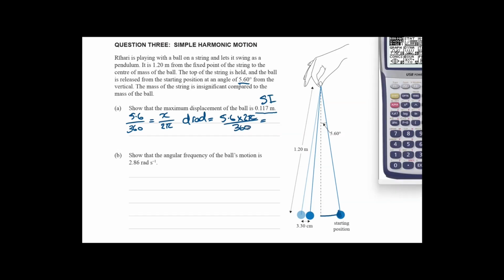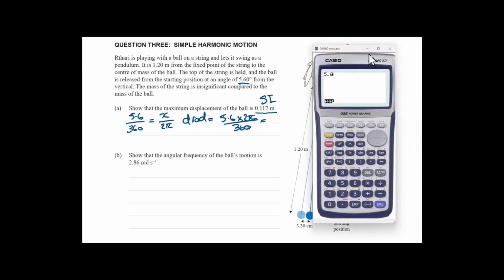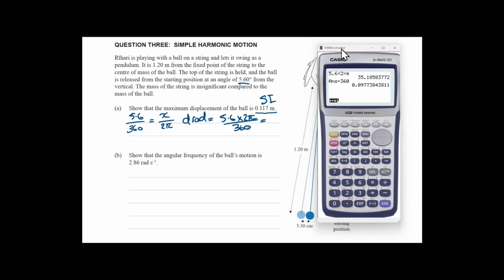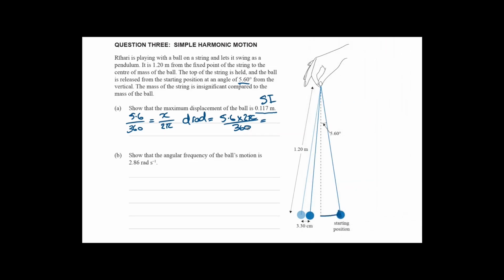So let's have a look. 5.6 times 2 times pi, divide that by 360. So that's 0.0977 radians, so theta is equal to 0.0977 radians. Should be enough.